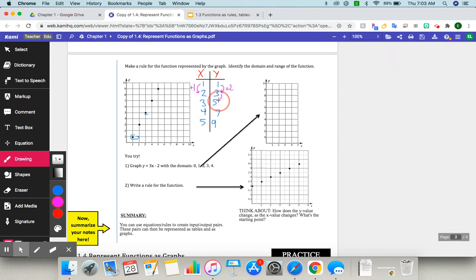And if you recall, when we are repeatedly adding the same number, we can represent that using multiplication. So that actually tells us that we're multiplying our input by the number 2.